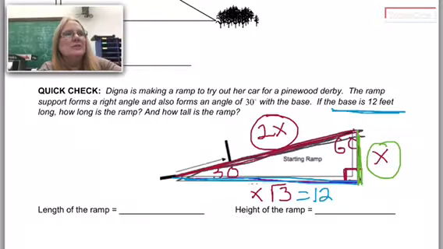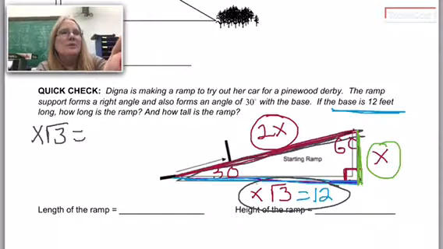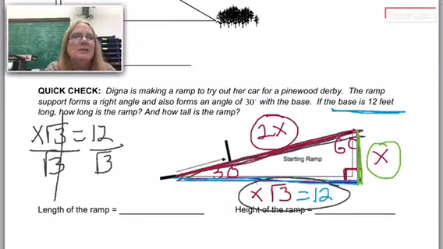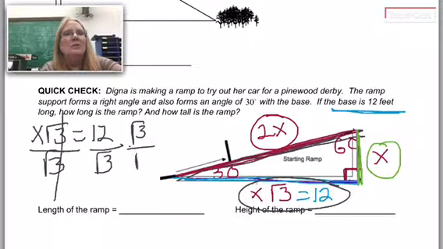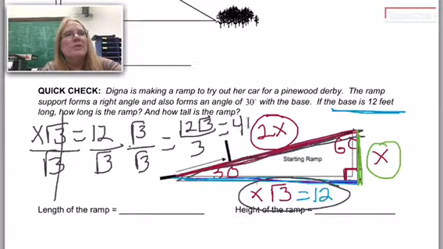So the first thing we need to do is we need to solve for x. x times the square root of 3 is 12. Divide by the square root of 3. And we get x is 12 divided by the square root of 3. So we're going to multiply the square root of 3 over the square root of 3. 12 square root of 3 over 3. 12 is divisible by 3, so we can simplify that to 4 square root of 3.